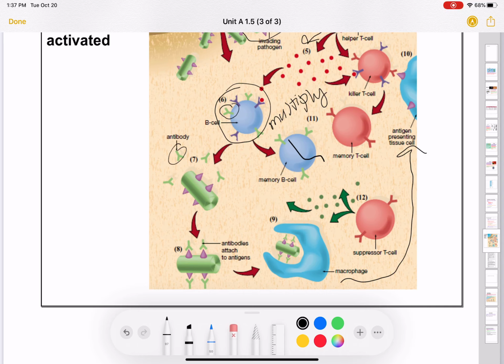And then the memory T cell will gather up these and will keep them on their surface so that they can remember that virus. So the next time it comes along, they won't need to do all these steps. They could just skip right to getting rid of it.